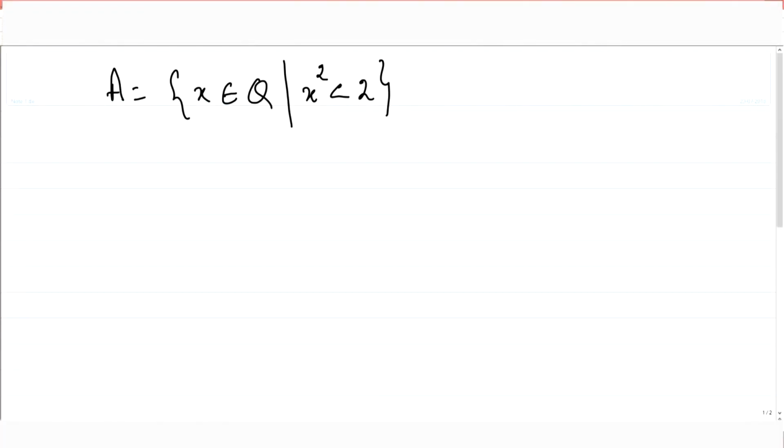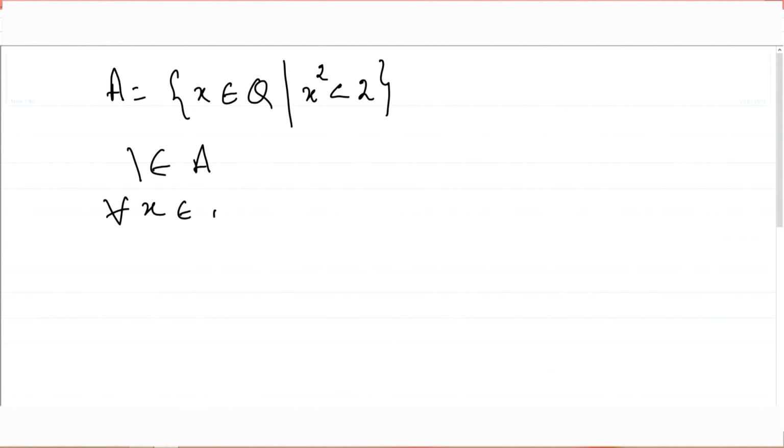Let us consider the set A which has elements x in the set of rationals Q such that x square is less than 2. Is this set non-empty? Yes, obviously. 1 belongs to this set. Perfectly right. 1 belongs to A, so it is non-empty. Any other observation? It is bounded above, meaning every number must be less than 2.